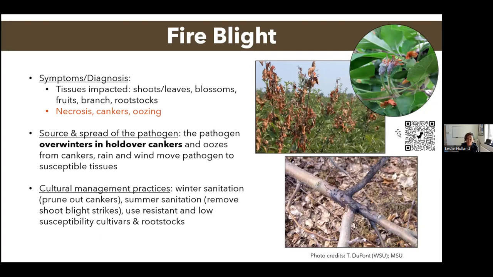Summer sanitation is also going to involve the removal of shoot blight strikes. And I've got some more detailed information about that with a QR code based on a discussion I had with George Sundin at Michigan State University, who's led a lot of research in fire blight management. Additionally, there are several resistant or low susceptibility cultivars and rootstocks that are available for fire blight.